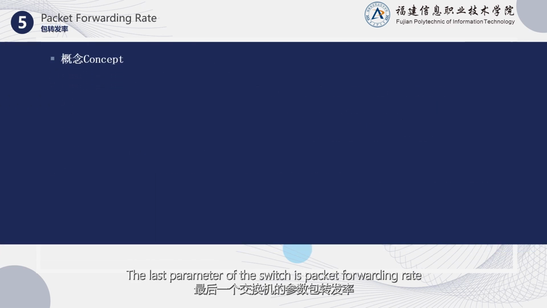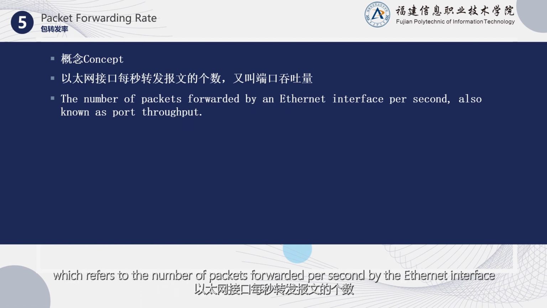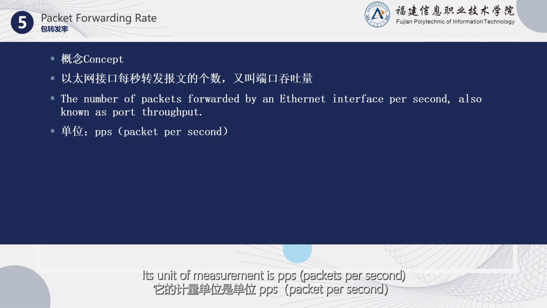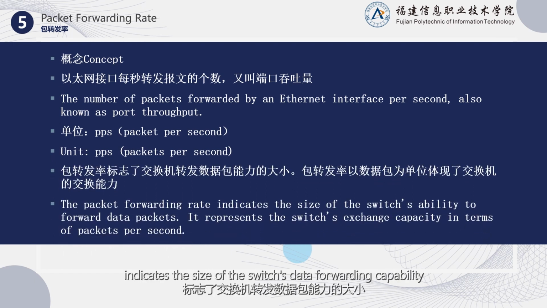The last parameter of the switch is packet forwarding rate, which refers to the number of packets forwarded per second by the Ethernet interface, also known as port throughput. Its unit of measurement is PPS, packets per second, and the packet forwarding rate indicates the size of the switch's data forwarding capability.